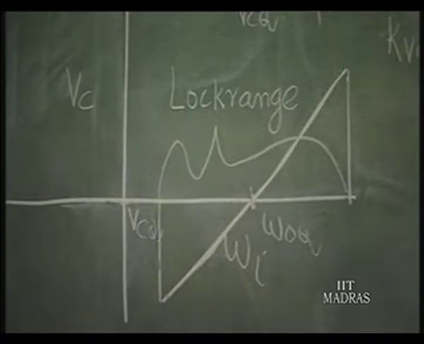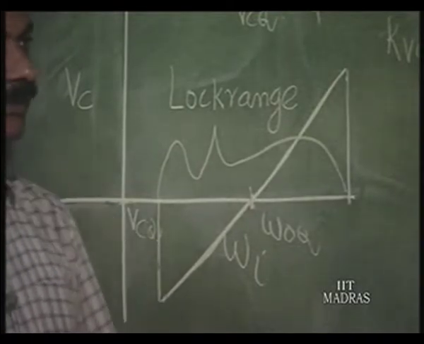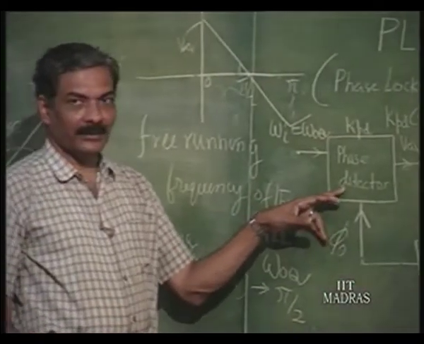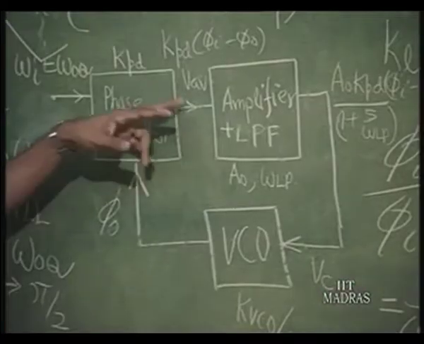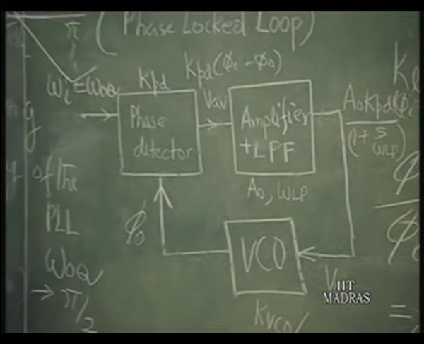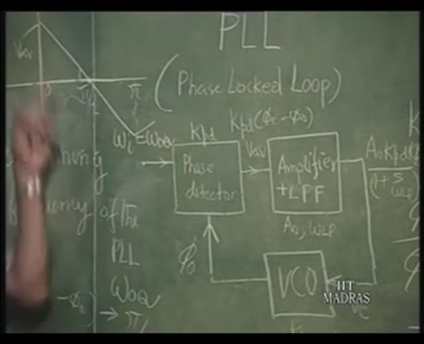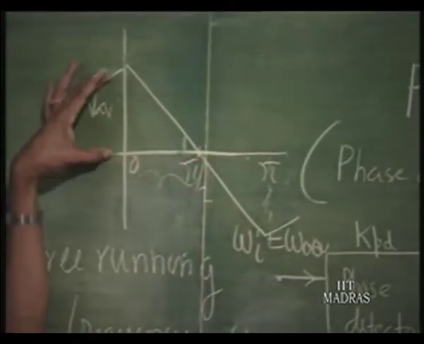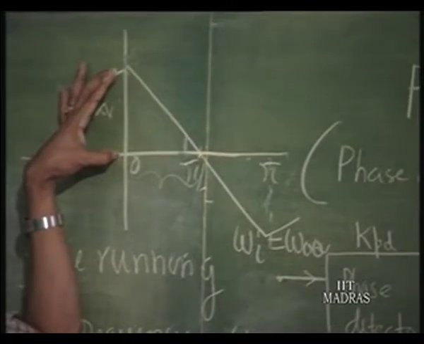Now, how can we determine the lock range? It is very simple. If the phase detector output here changes to a maximum of pi by 2, then what is the maximum voltage here? If the slope of this is Kpd, this voltage is nothing but Kpd into pi by 2.